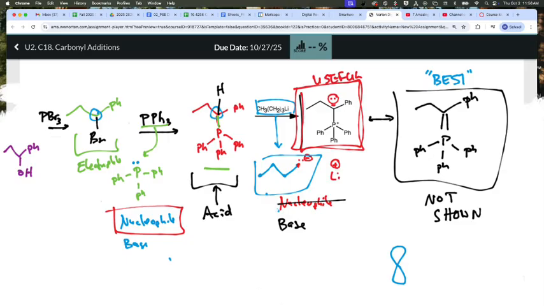As a hint, it does not look like this. It looks more like this. It looks bigger. It's a higher energy level. It's bigger. Why does that matter?